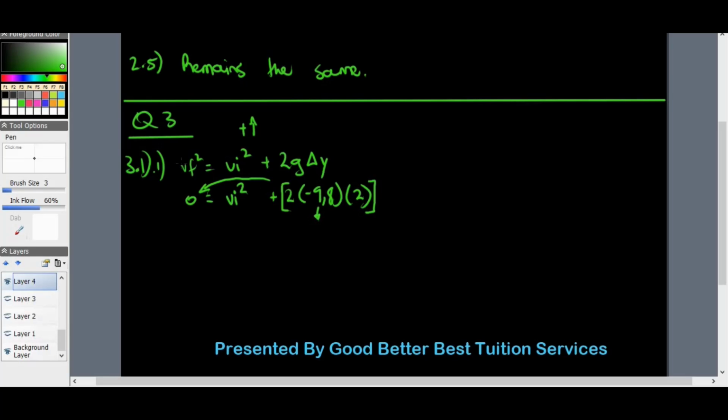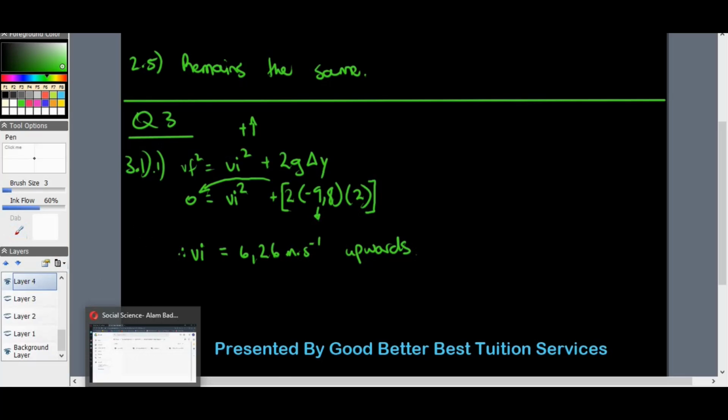Whatever we get there will become positive on the left hand side, and we will square root our answer, and therefore Vi, or initial velocity with which the ball emerges, is 6.26 meters per second, and that is upwards. Okay, and that's pretty much basic over there.